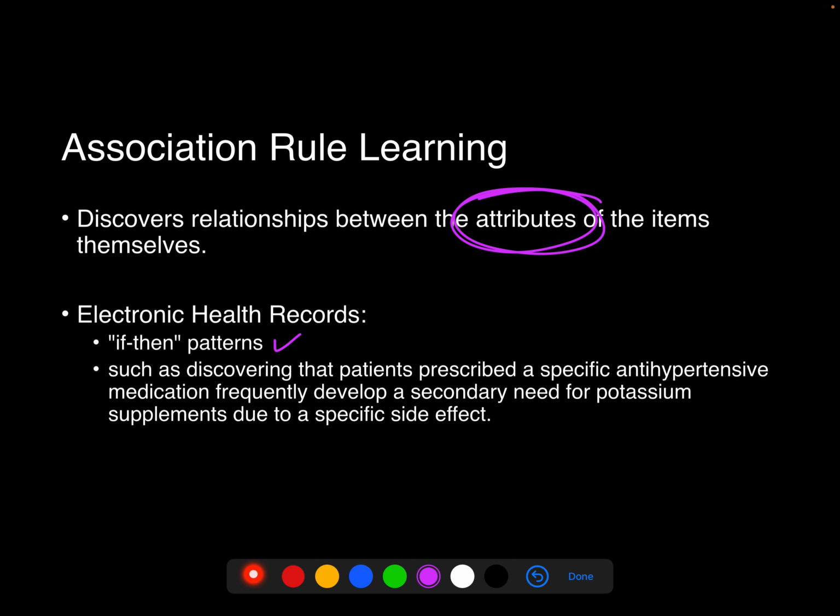It might discover that patients prescribed a specific antihypertensive, which decreases blood pressure, could frequently develop a secondary need for potassium supplements. And we could infer that it could be due to a specific side effect.